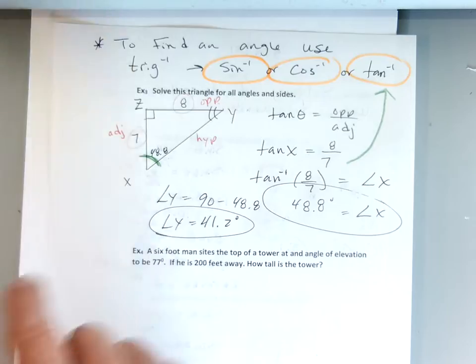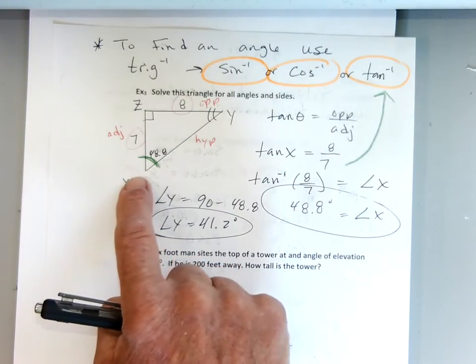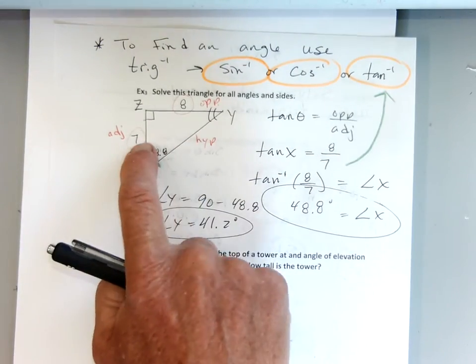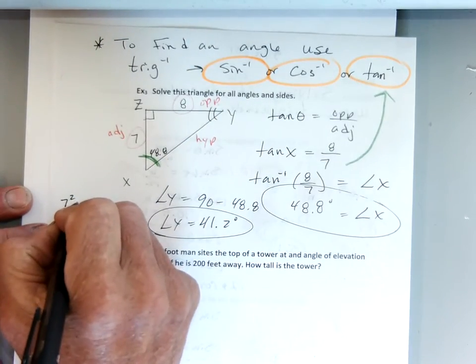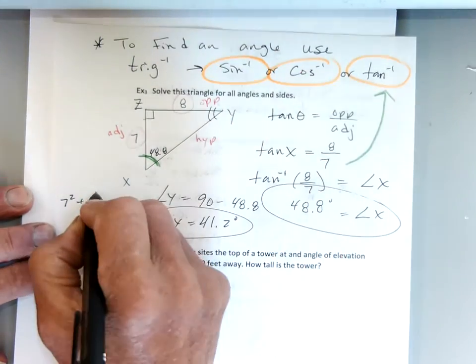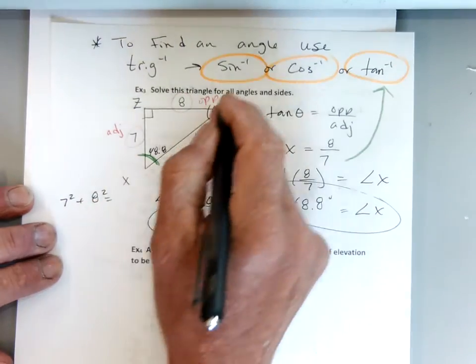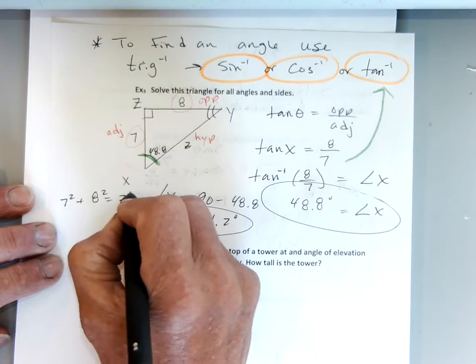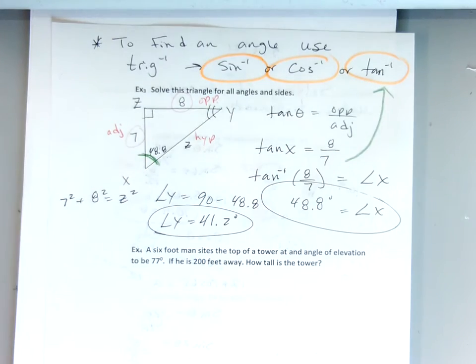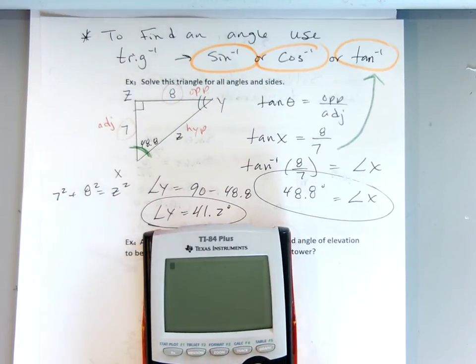And then finally, if I want to find this hypotenuse, Pythagorean theorem, right? a squared plus b squared equals c squared, or we'll go 7 squared plus 8 squared equals my hypotenuse squared, which is really z, little z. Put that in my calculator, right? I like trig.